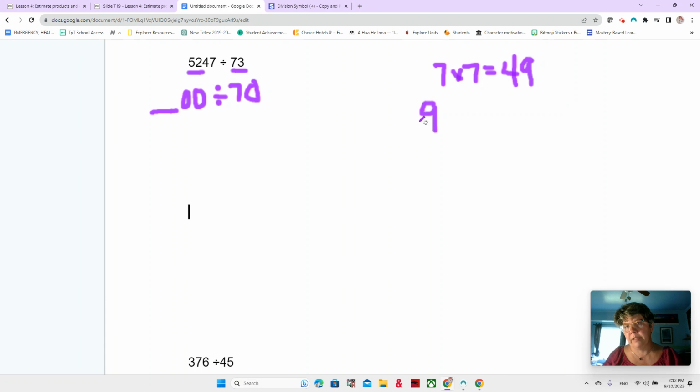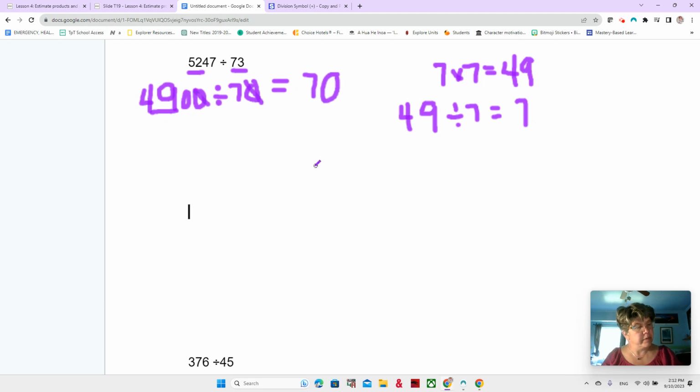So 49 divided by 7 is going to be 7, right? So could we put 4,900 divided by 70? And that would be 7. Get rid of 1 0. That would be 70. What do you think about that?